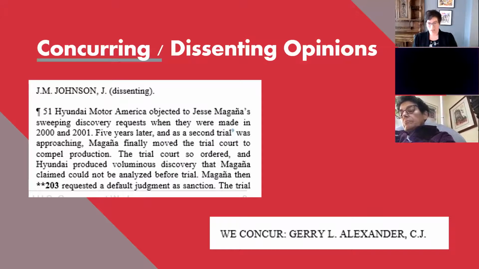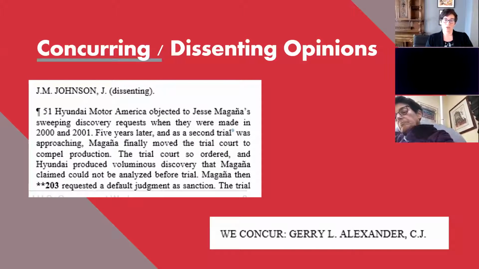A concurring or dissenting opinion may point out facts, or may point out other legal analyses that the majority opinion downplayed or frankly simply ignored, which can be a good place to look if you're trying to find a way to take an opinion that on its face doesn't support the argument that you're trying to make, and find distinguishing factors.